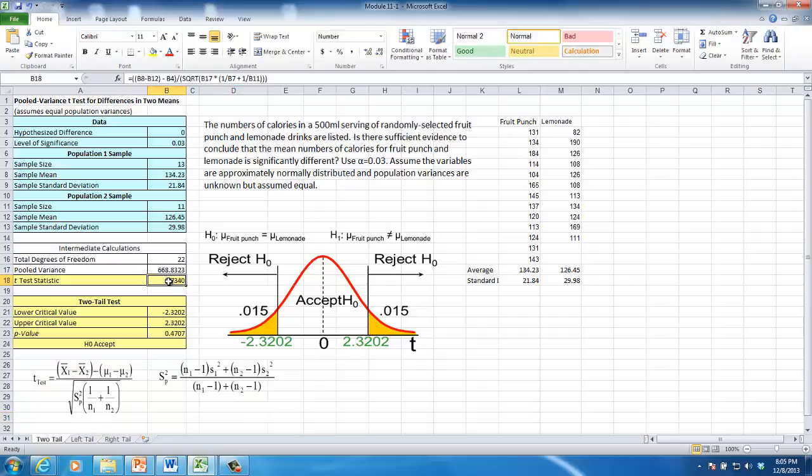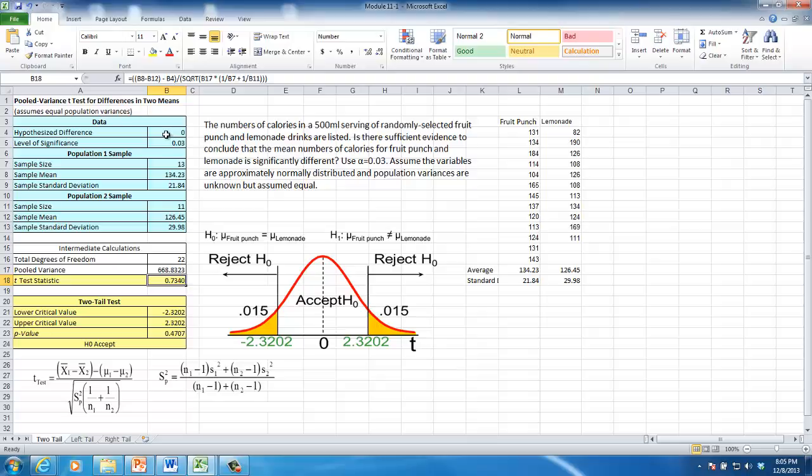I'm going to keep this for my main formula. So the t-statistic: B8 minus B12. B8 is the first sample mean, fruit punch, minus the second sample mean, 126.45, for lemonade, and minus B4, the difference.